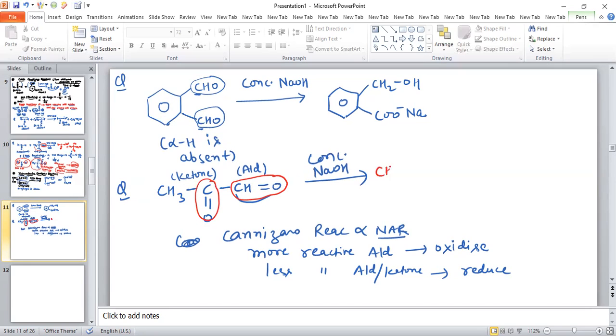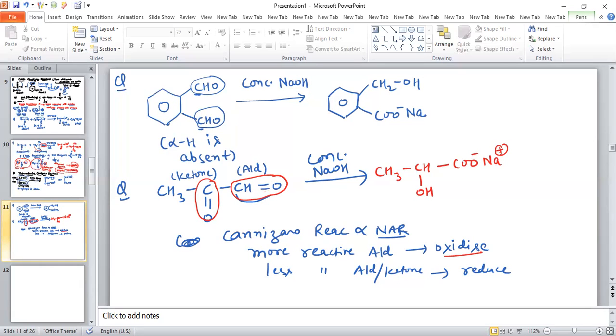So the product obtained will be CH3, CH, OH, and the CHO, being more reactive, will oxidize. The oxidized product of an aldehyde is the salt of carboxylic acid.